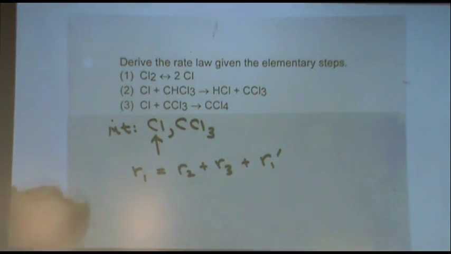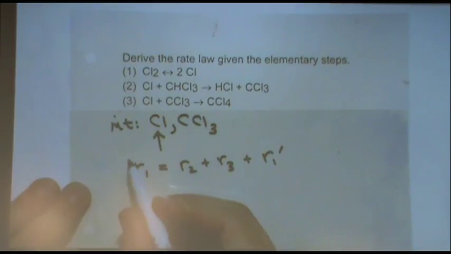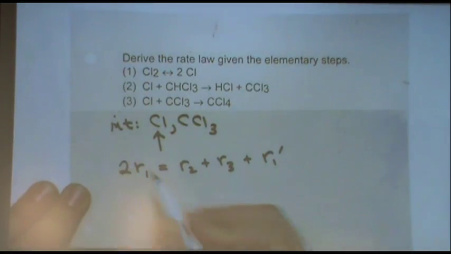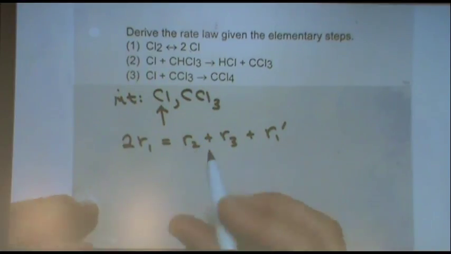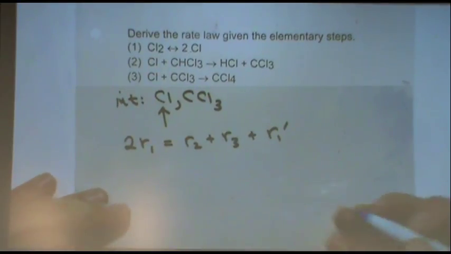And not only that, in reaction 1, when it's produced, 2 of them are produced. Okay? So that one's getting a little messy. Let's look at the other intermediate for a moment. I guess you could say that. That's a good point.